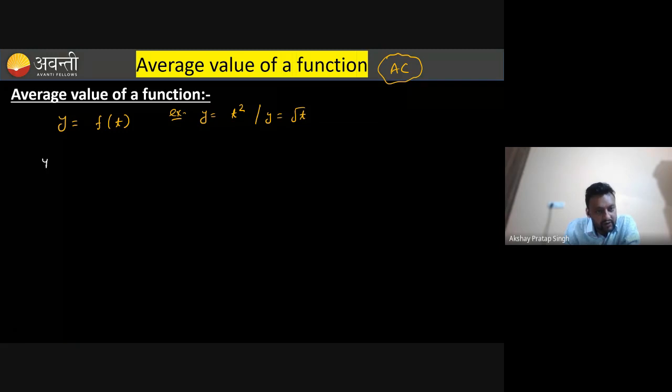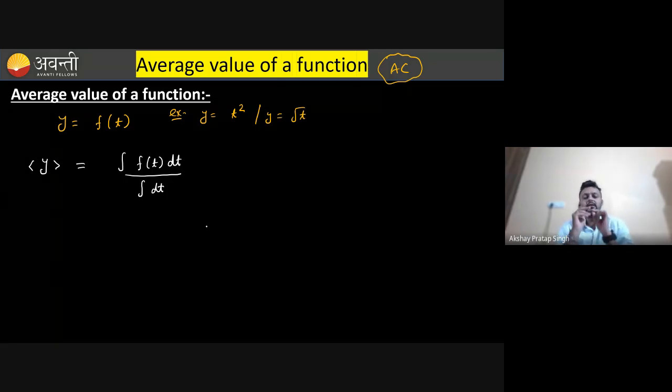First of all, the average value is represented by this symbol, or sometimes by a bar sign, the mean sign. So what is the average value? The average value of any function y is the integration of f(t) dt divided by the time period.